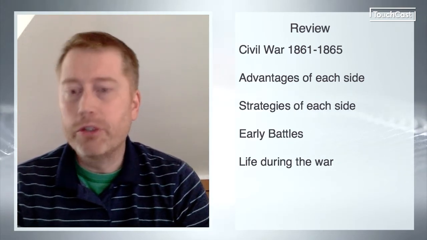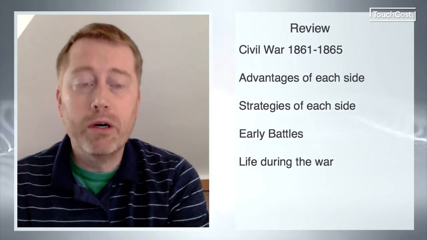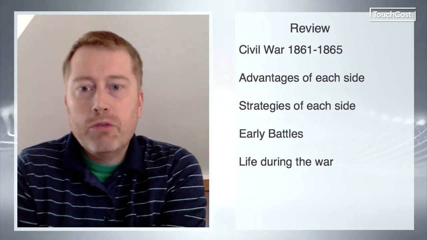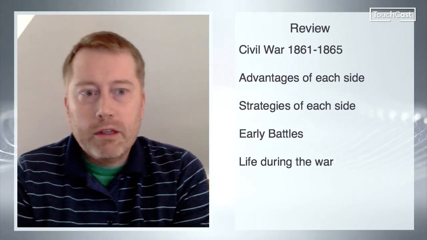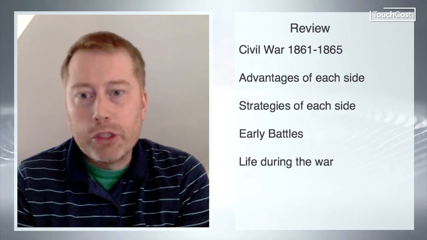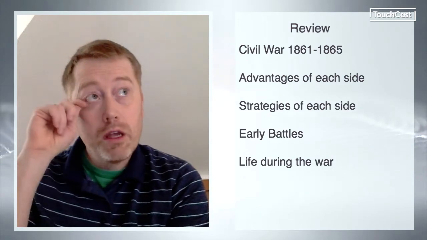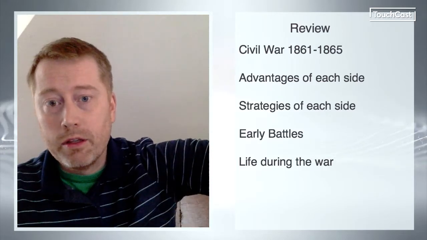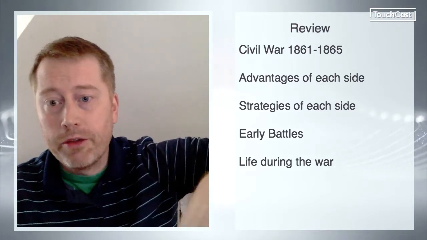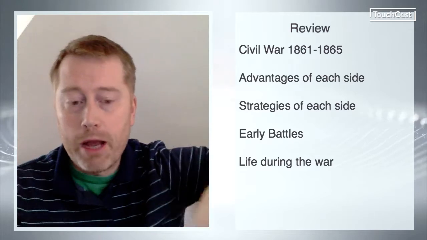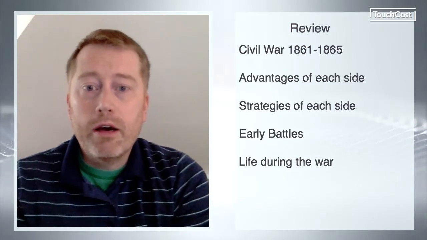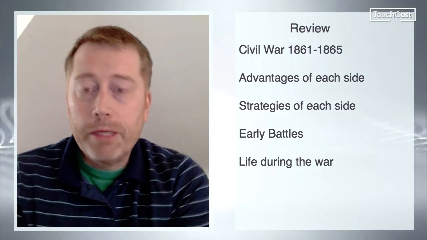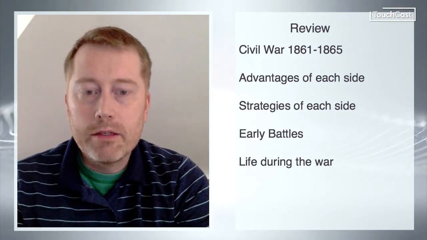The strategies, the two sides we talked about. Remember, the North strategy was the Anaconda plan, to squeeze them and to extinguish them slowly but surely, right? They did this a few different ways. They put a barrier around the southern ports, right? All their ships were out there on the south, out in the water in the Atlantic Ocean, and they were just going to keep them from getting new supplies and control it that way.